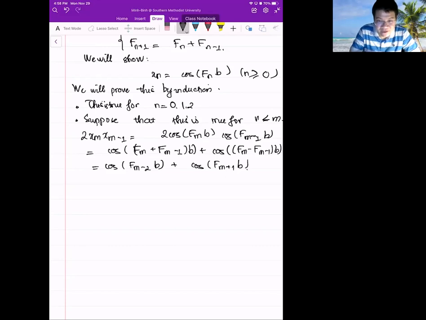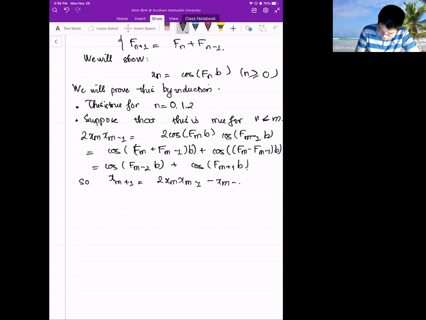All right, so which means that xm plus 1 has to be equal to 2xm minus 1 minus xm minus 2, and this is cosine of Fm plus 1 b.